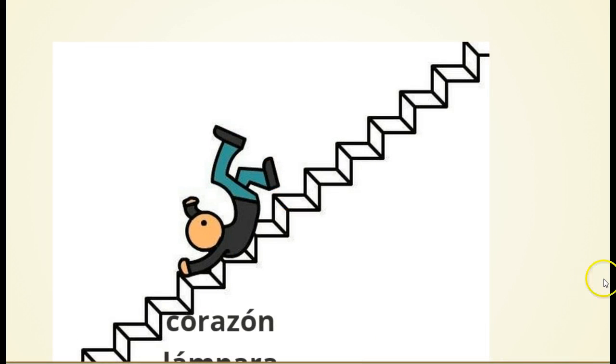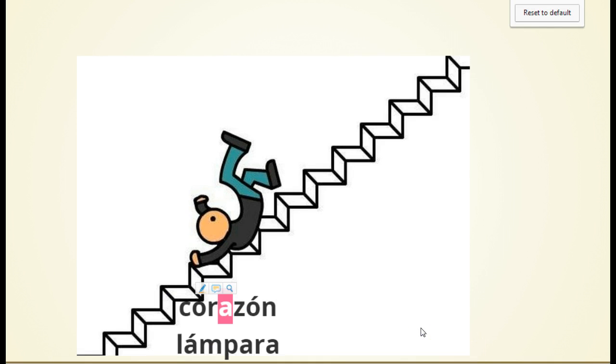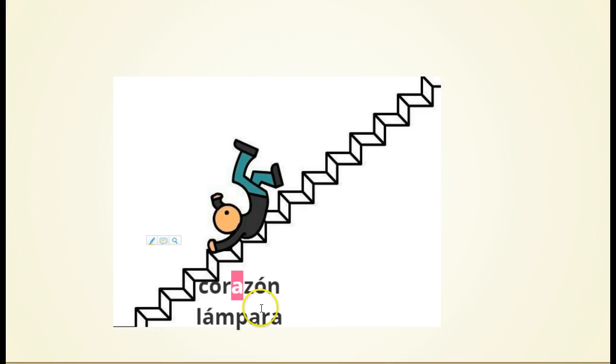If you're dropping two syllables, you will always have to put acento. All right? Like en lámpara. Y en corazón, it ends in an n, and you're stressing the last syllable. Corazón. And that's not natural. So you need to put the acento.